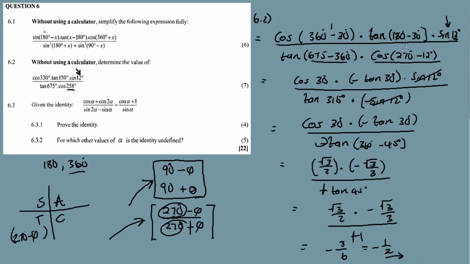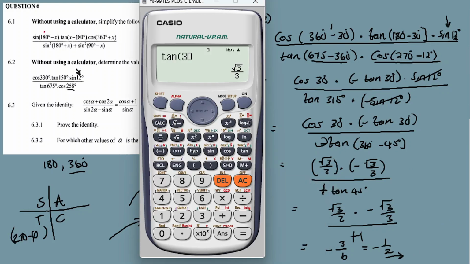Because before I solved this, I had cos 330 times tan 150 degrees multiplied by sine 12 degrees, close bracket, tan 675, close bracket, multiplied by cos 258, close bracket, minus.